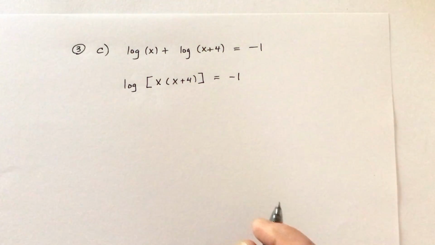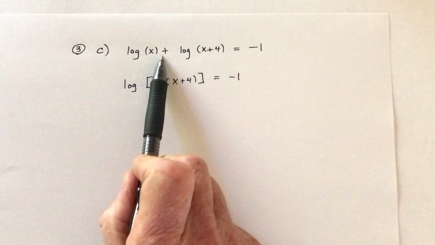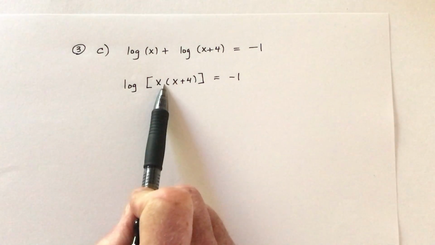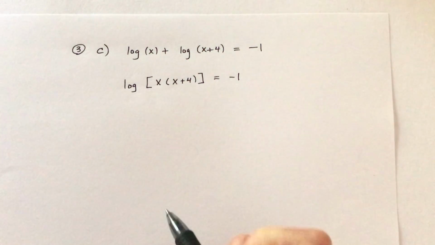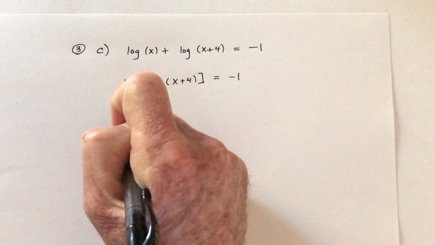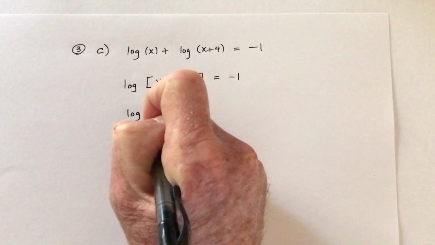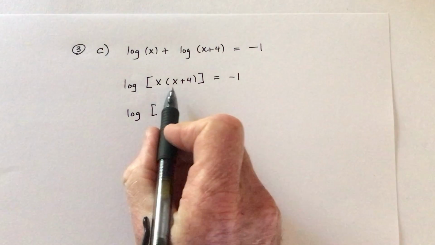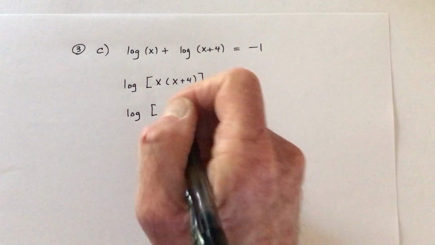So that simplifies the left side. Now if this said minus, then right here I would have division instead of multiplication. And speaking of multiplication, I could actually multiply this out. That would be x squared plus 4x.